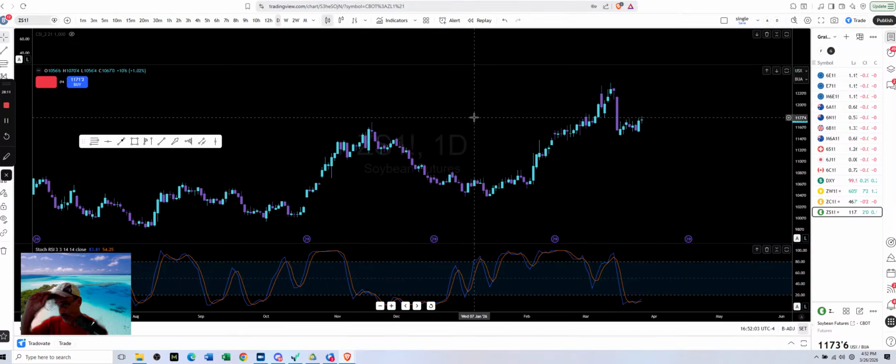For that, I think I mentioned I have a funded account for futures, and I do have a small personal account too that I trade. So I'm going back and forth between a lot of platforms. But the funded account, I can trade it here on TradingView.